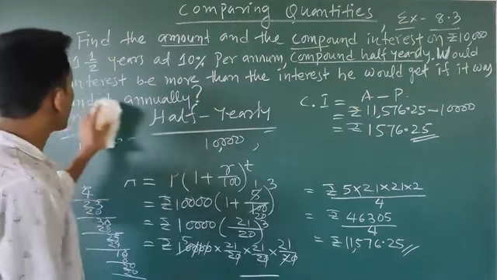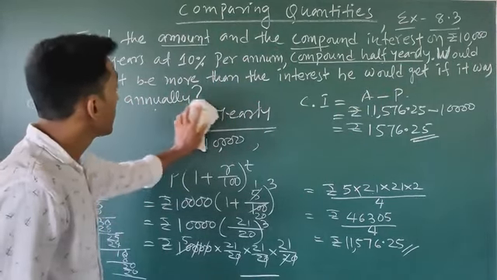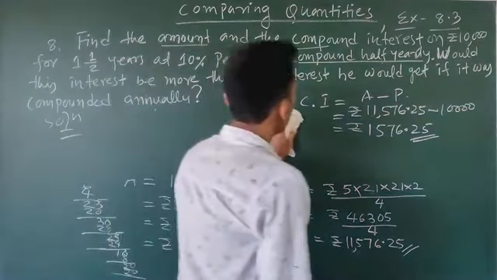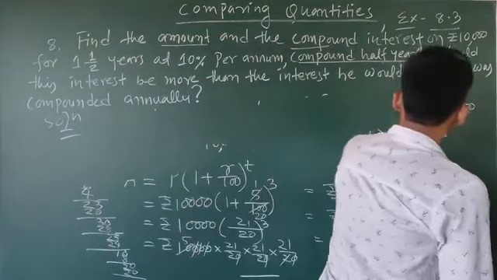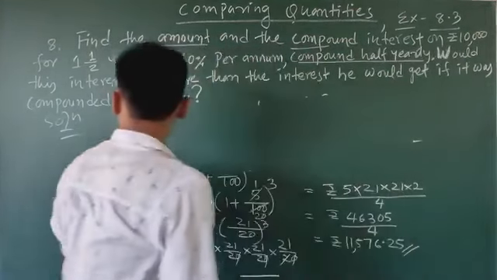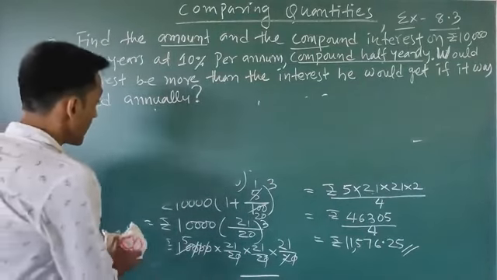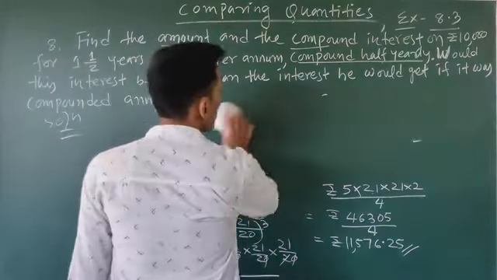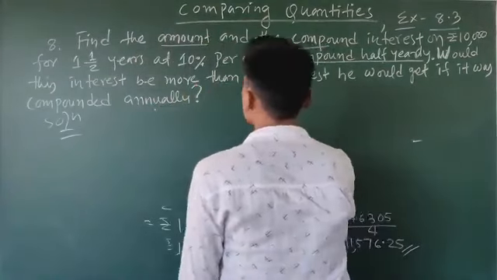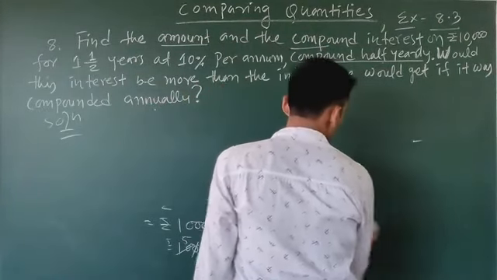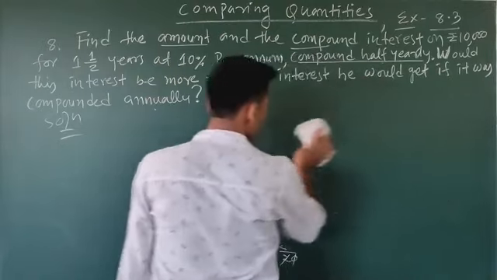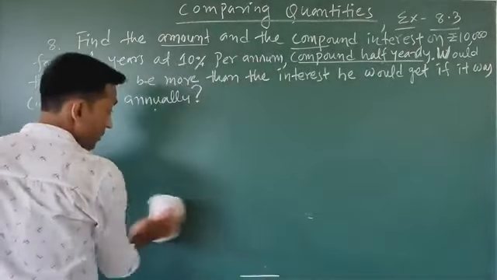Would this interest be more than the interest he would get if it was compounded annually? If the interest is compounded annually, how much more is the interest? We have to find.